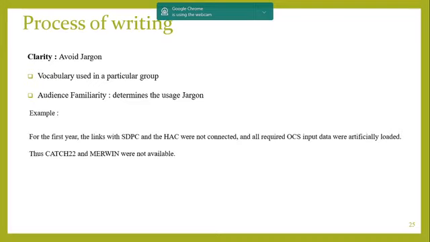Just read it out: For the first year, the links with SDPC and hack were not connected, and all required OCS input data were artificially loaded. Thus, Catch 22 and Mervin were not available.